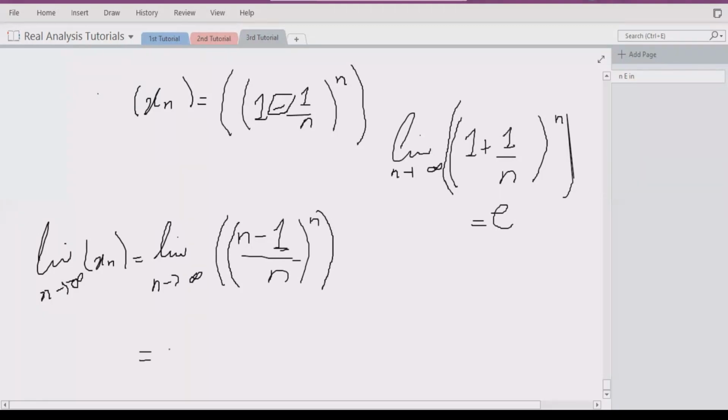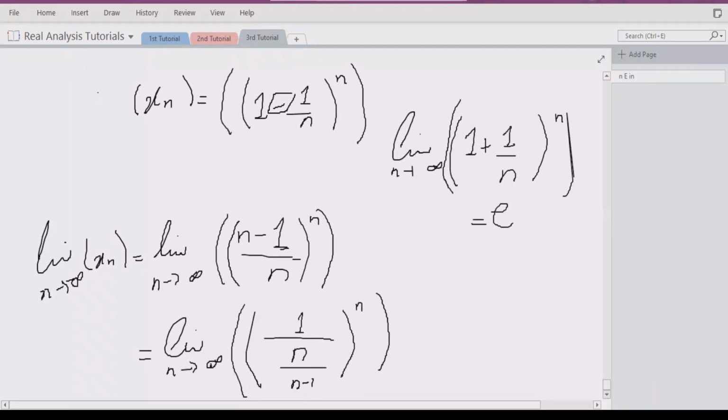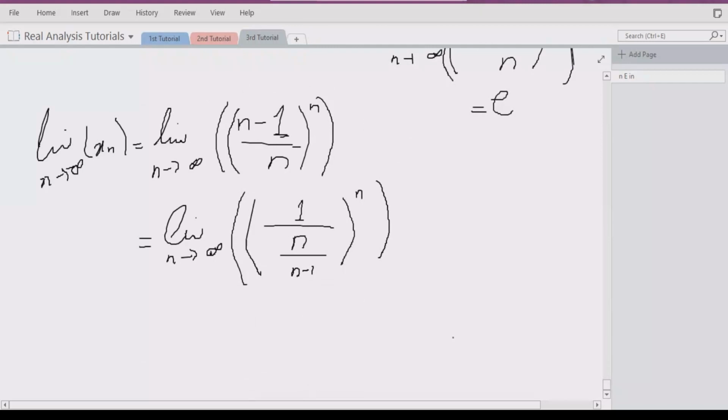The next term, the limit as n tends to infinity, can be written as 1 over n over n minus 1. This is the part. If I split the power, it takes this one.